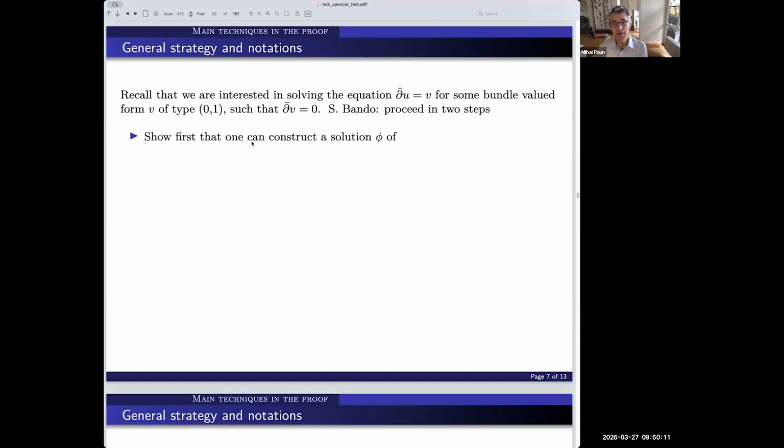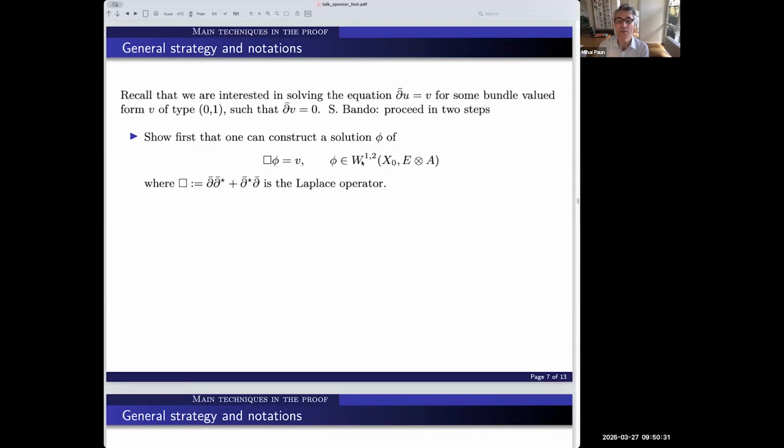The first one is to construct a solution of another type of equation, which is the Laplace, right? The box is simply dbar star dbar plus the other one. And then he's able to say that phi has this regularity.